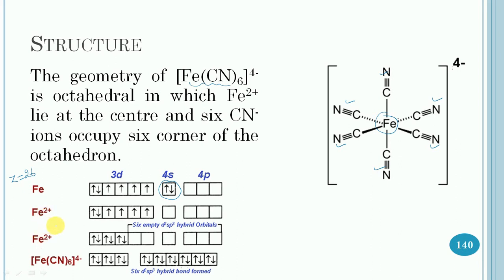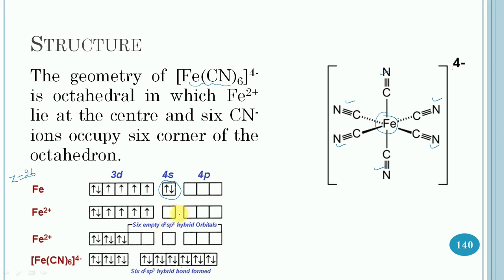In order to accommodate 6 electron pairs donated by 6 cyanide ligands, there should be the requirement of 6 vacant orbitals.